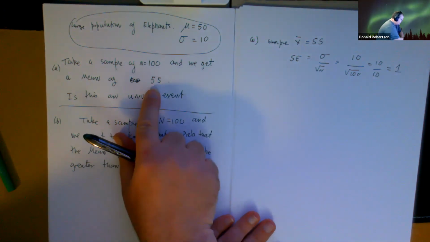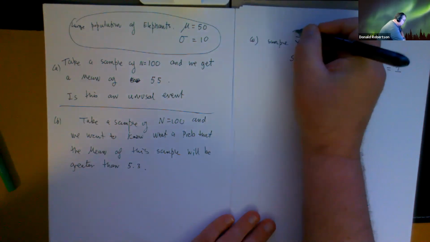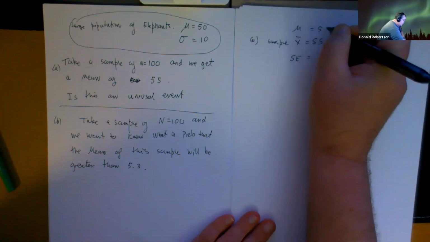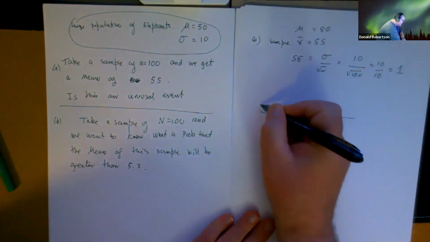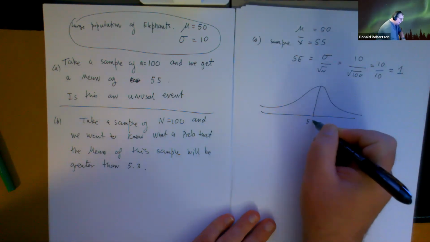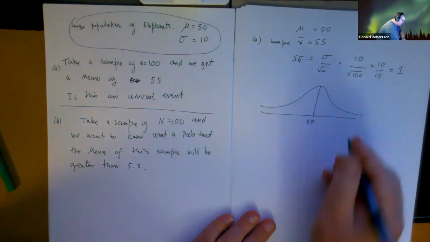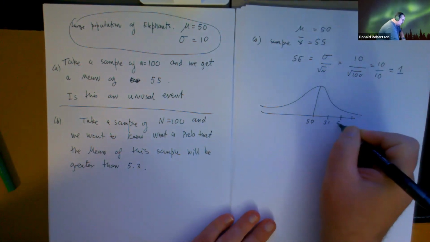This mean was 55, and we are trying to see, is that unusual? Well, we should get a population mean of 50, and the standard error is 1.